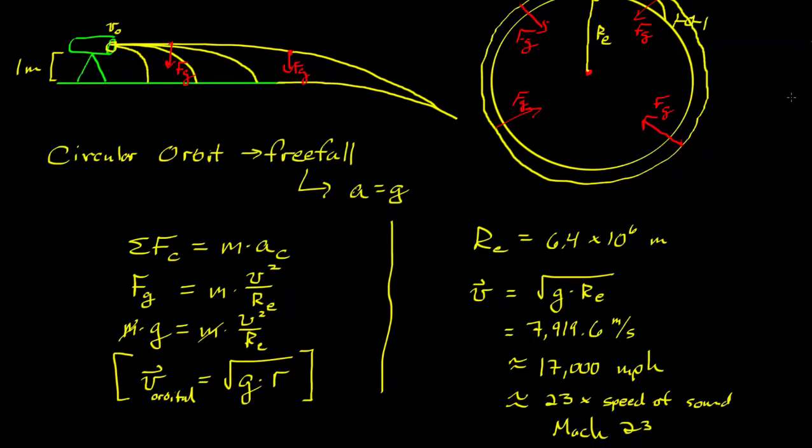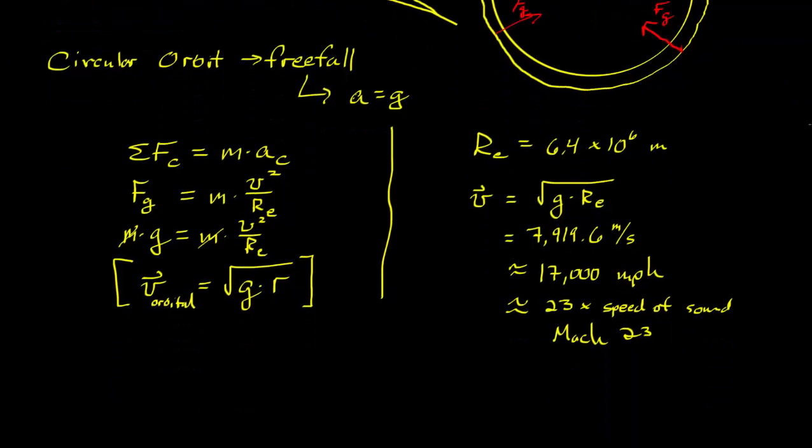The ISS is in what we call low Earth orbit, which is around 230 miles above the surface. And that's 3.8 times 10 to the 5th meters.